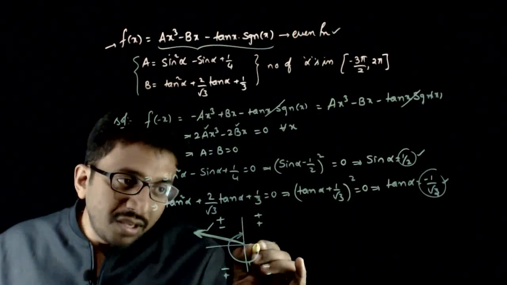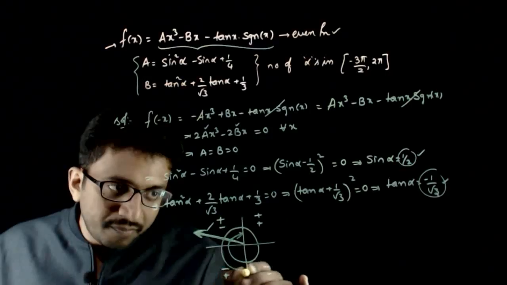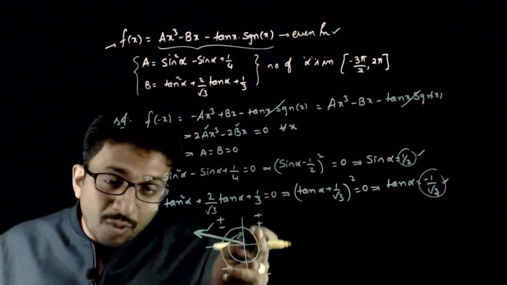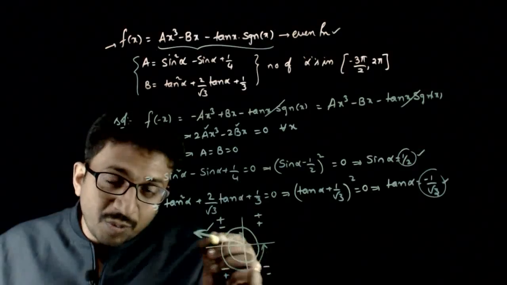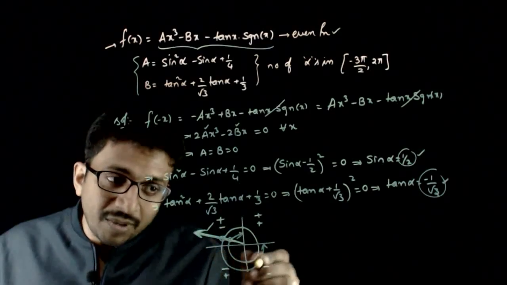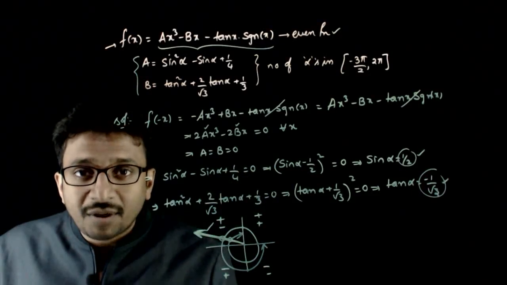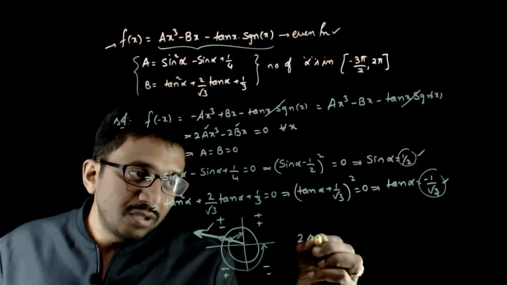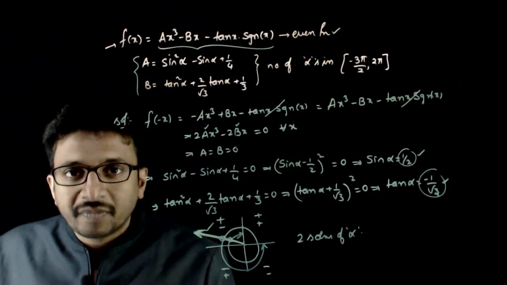And you're again going from 0 to 2 pi, that is, you're going one more round. So when you move one more round, you're getting one more solution. You're coming to this position twice from minus 3 pi by 2 to 2 pi. That means how many solutions of alpha are possible? 2 solutions of alpha are possible. Thank you.